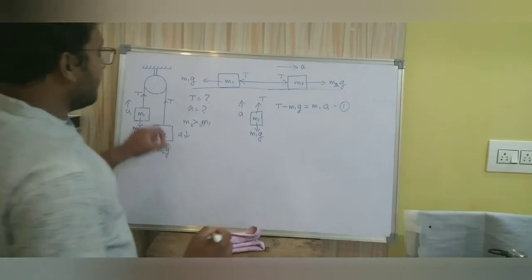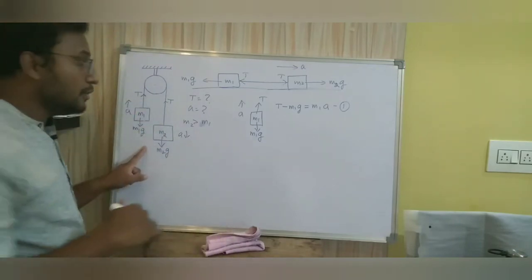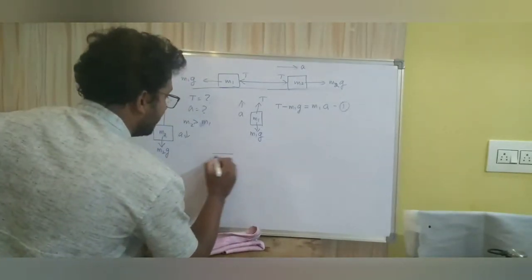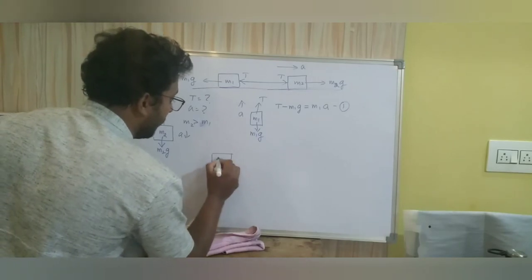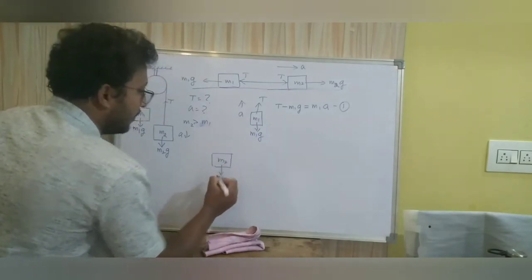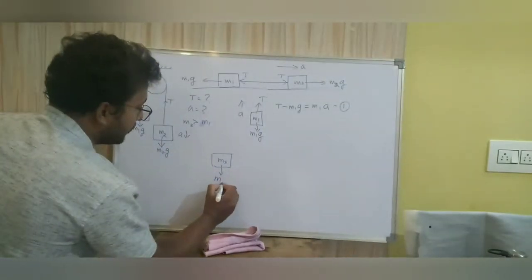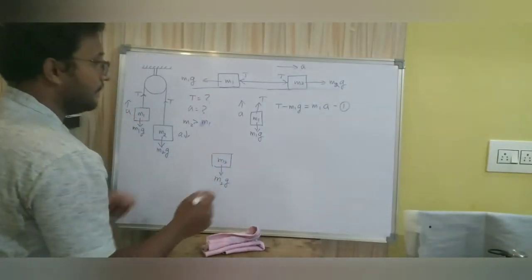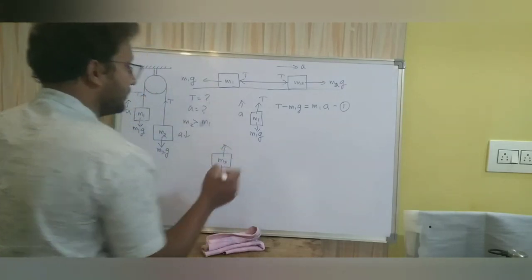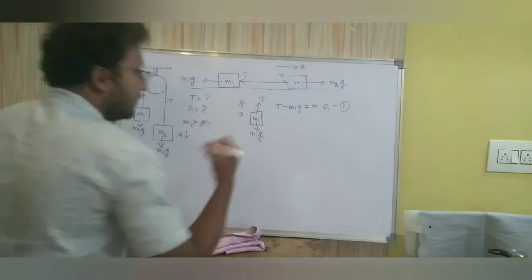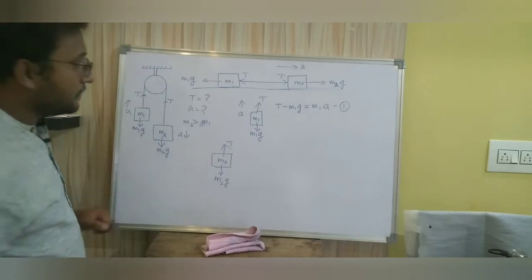Similarly, let me write the free body diagram for m2 as well. Assume that this is the block m2, on which we have two forces. Once again, one is the weight, m2 into g, and the other is the tension acting on this same block, let me call it T itself.